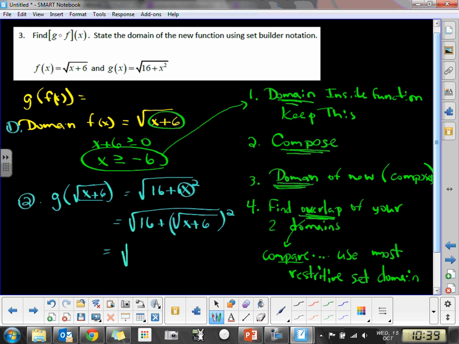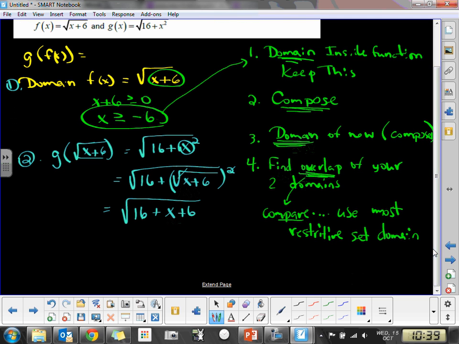That equals the square root of 16 plus, when you square a square root, they inversely undo each other, so it's x plus 6. Now we want to collect our like terms underneath the radical. So this is the square root of x plus 22. This is our composed function g of f of x. So I just got done with step number 2. I've composed the two functions.